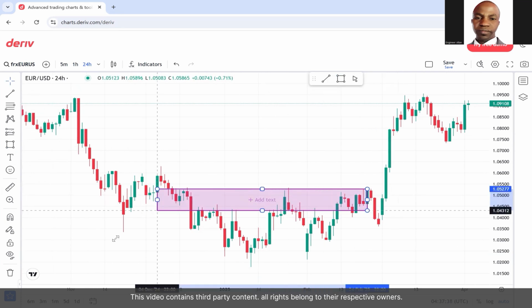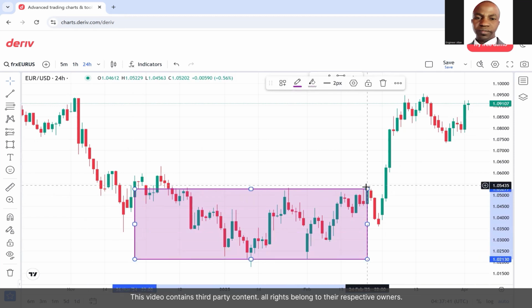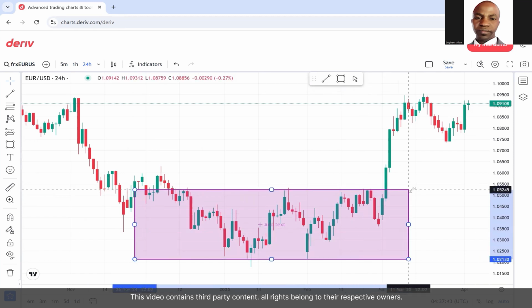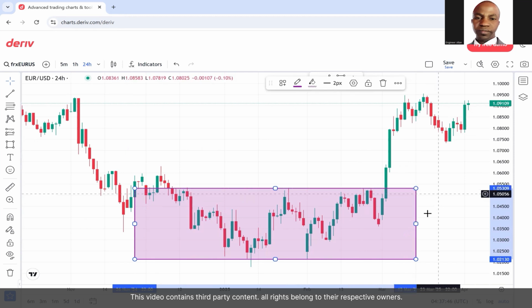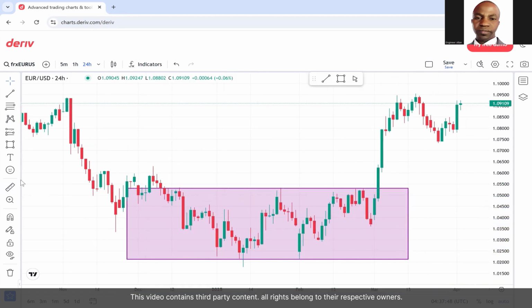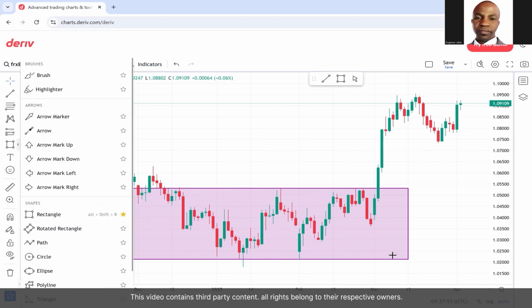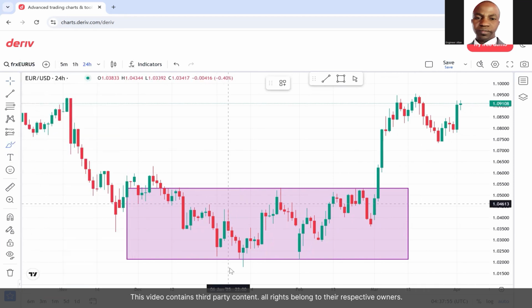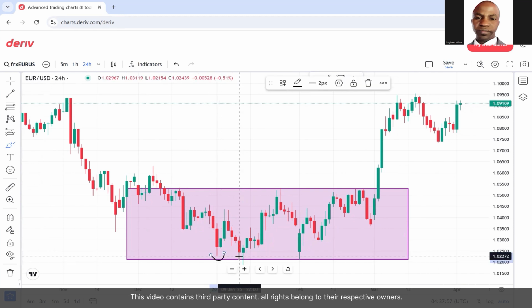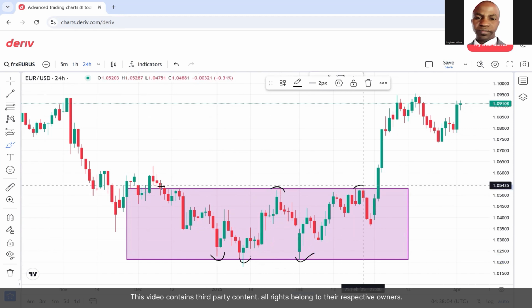See this particular area, you'll see a consolidation. Actually, it's a market that is just ranging. You can see this particular area here. Just 2 or 3 positions is enough for you to see these things. You can see the price coming in this particular area, touching here, touching this, touching this.